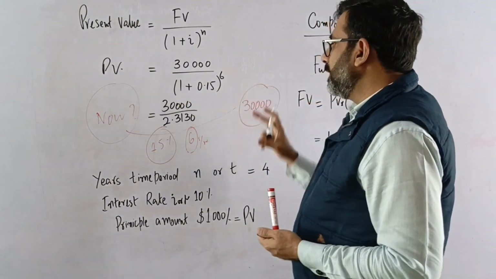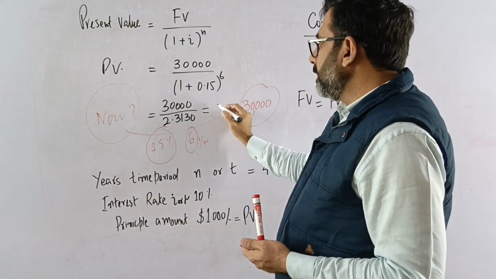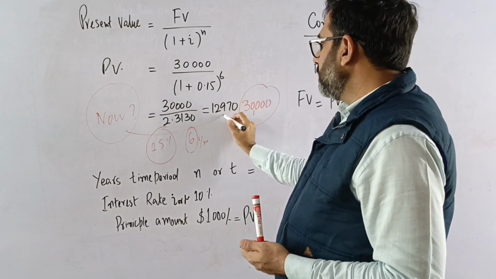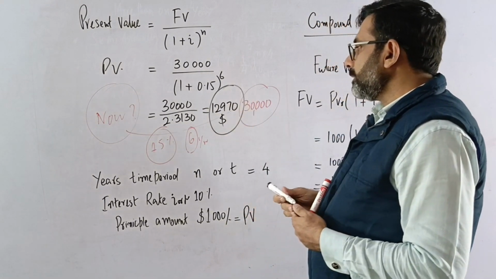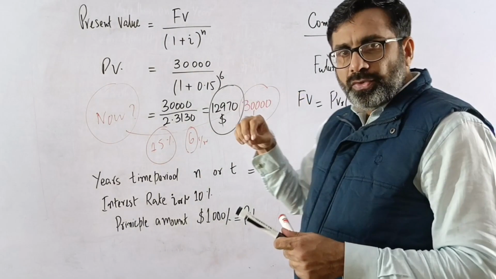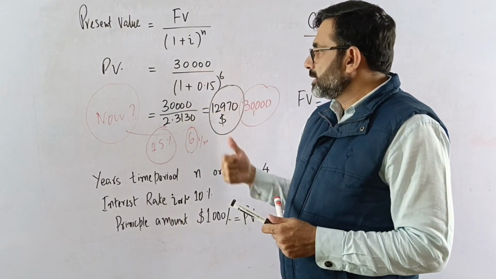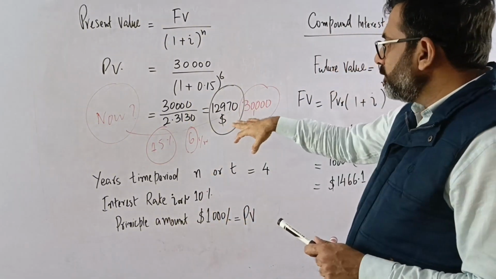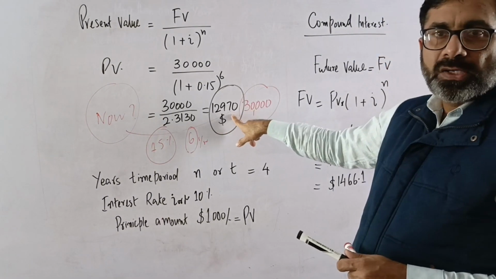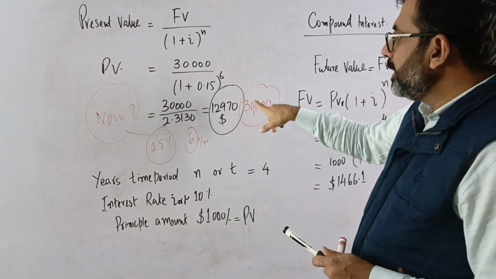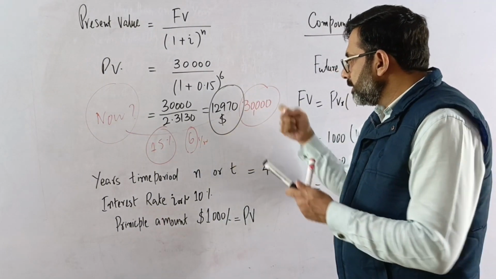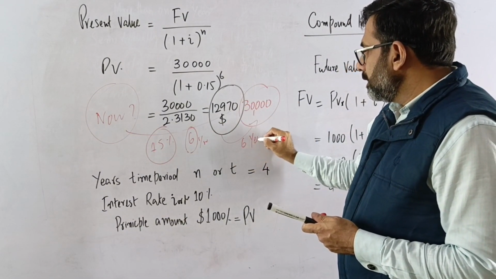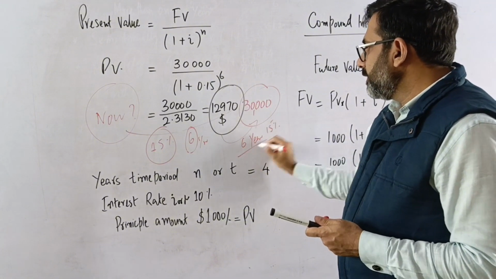If we calculate that, the answer will be $12,970. It means if you want to get $30,000 at the end of 6 years and the rate of interest is 15%, you have to invest $12,970 now, which will become 30,000 with 6 years and a 15% rate of interest.